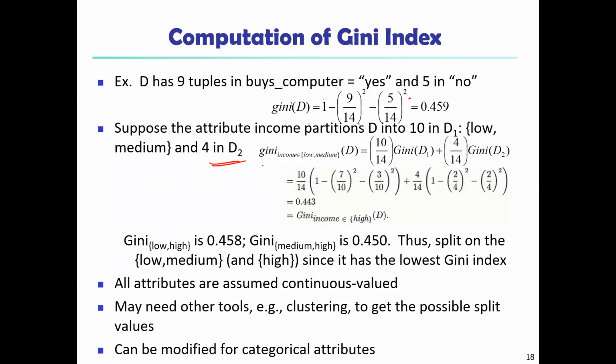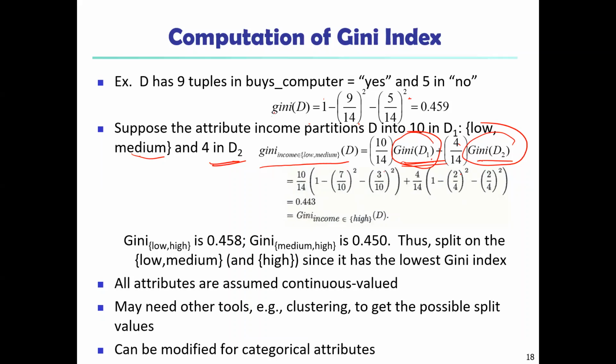So we need to find Gini income for low and medium now: 10 by 14 Gini of D1, plus 4 by 14 Gini of D2. D1 contains low and medium, D2 contains high. So for low and medium, how many yes are there? How many no's are there?